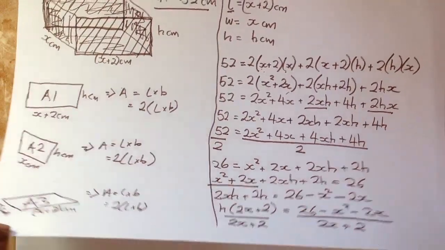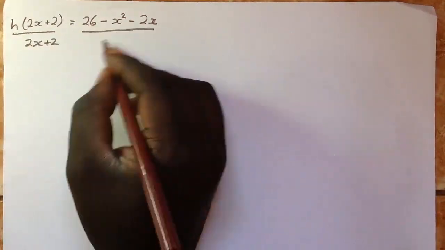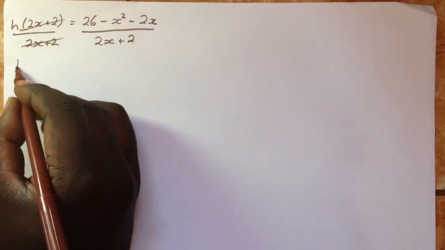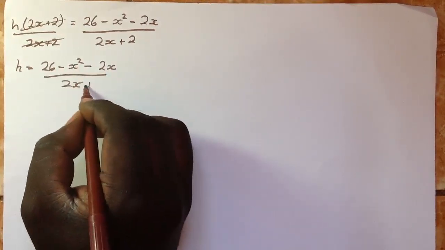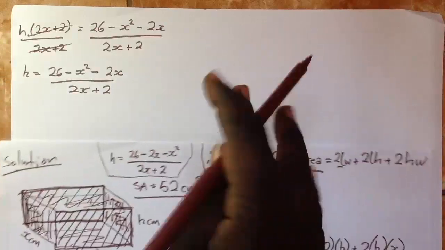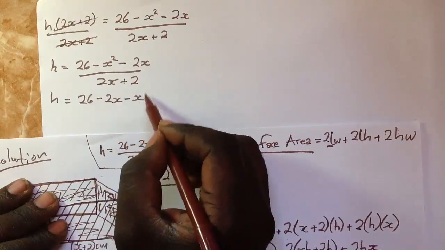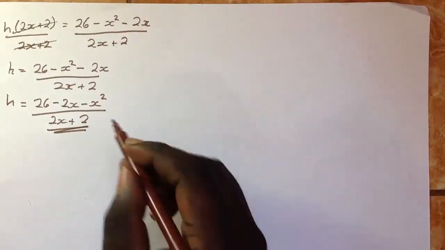So the 2x plus 2 on the left hand side will cancel out, which will just leave us with h is equal to 26 minus x squared minus 2x over 2x plus 2, as the question said. Now, we can just rewrite it in the format that the question needed it. And so this becomes h is equal to 26 minus 2x minus x squared over 2x plus 2. And hence it is shown.